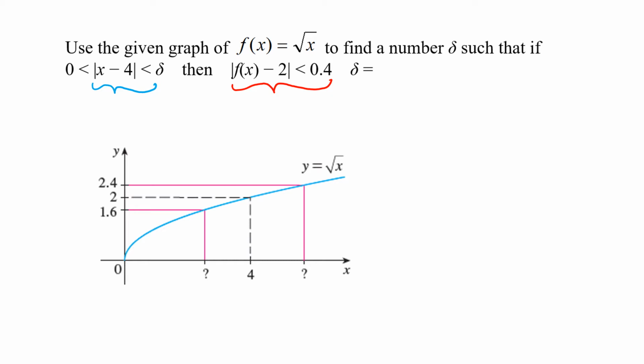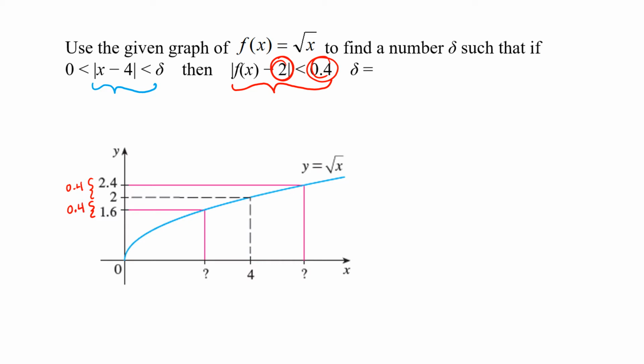So let's take a look at our graph here to make sure it's actually representing what we want. Well, we're centered at 2, which is good. And the distance between 2 and 2.4 is 0.4, just like we want. And the distance between 1.6 and 2 is also 0.4, just like we want.